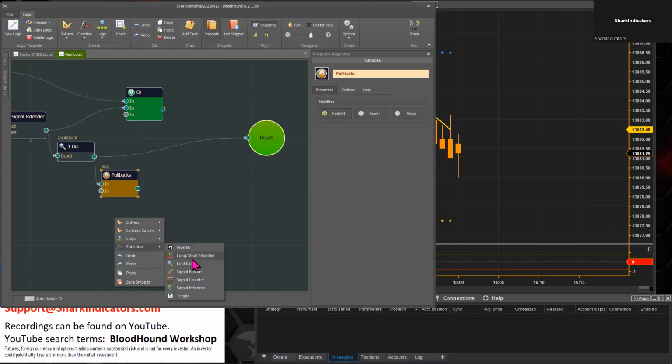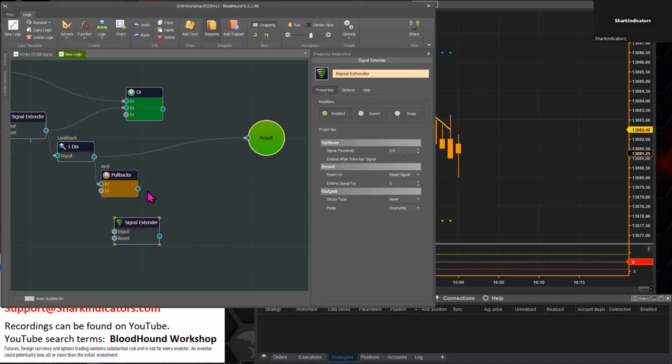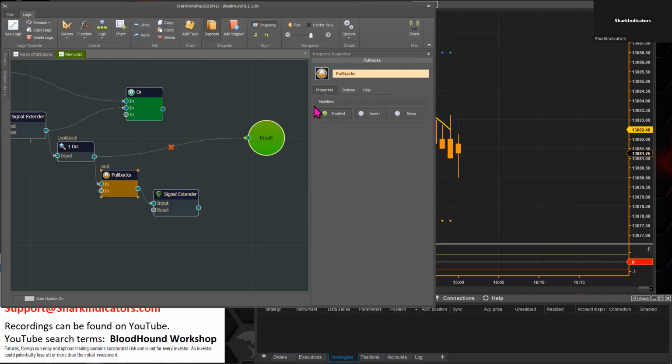But what we need is another signal extender, right? So we have to take the first pullback. That's probably a better label, right? This is the first pullback, or really the first pullback bar. There we go, first pullback bar.